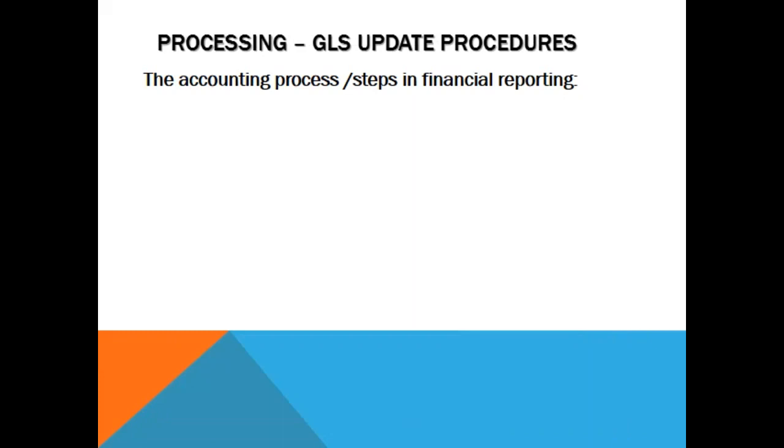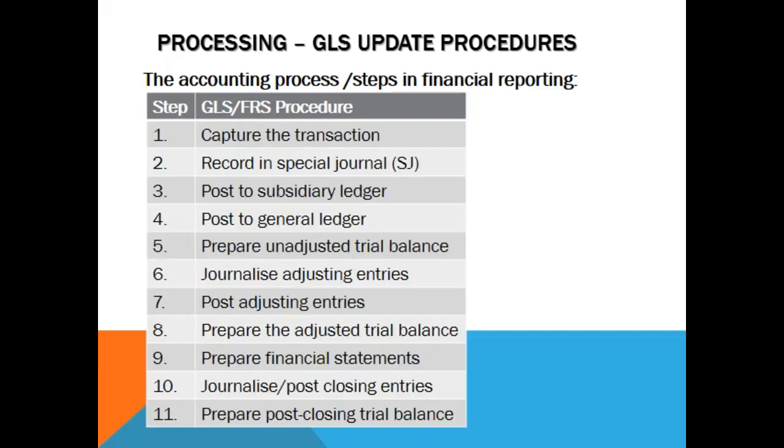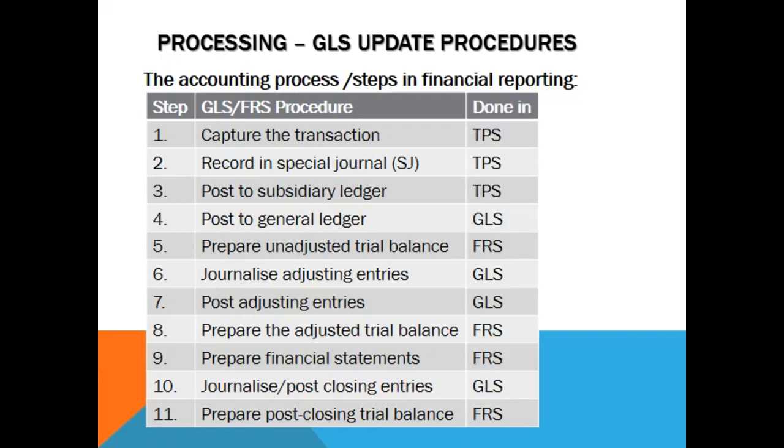The accounting process and the steps in financial reporting should be familiar to you as you have learned the process in Financial Accounting 1. To recap, there are 11 steps in the accounting process. Take note, however, that each of these steps is done in different systems.